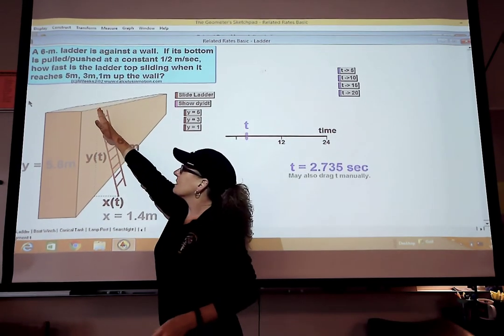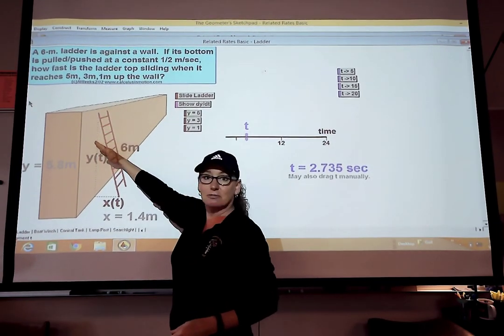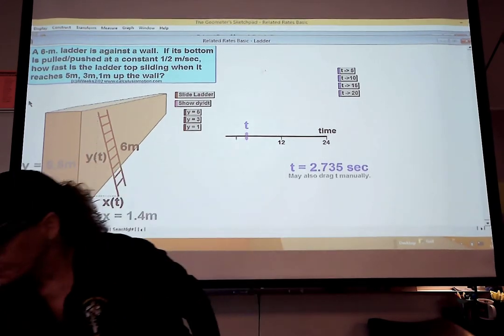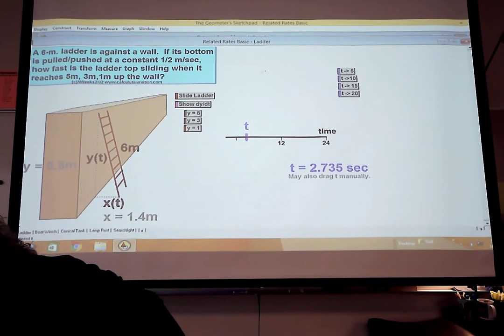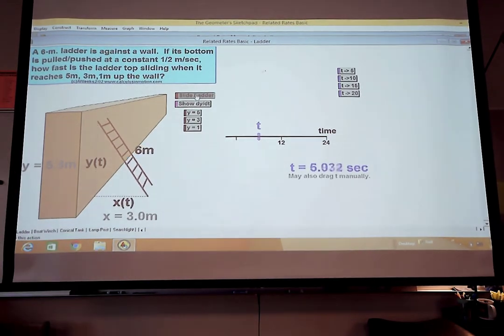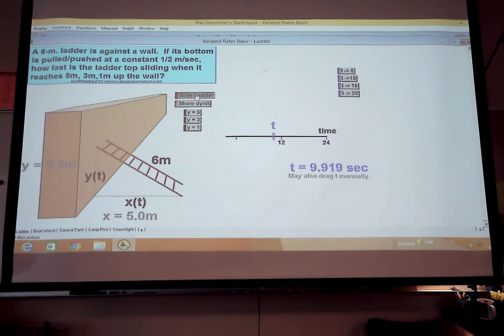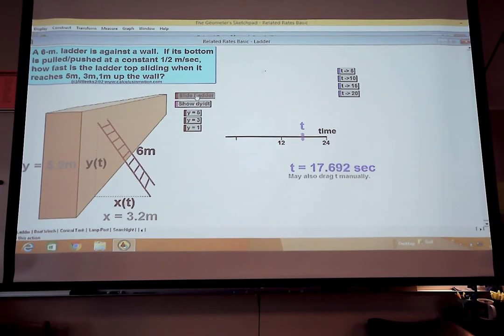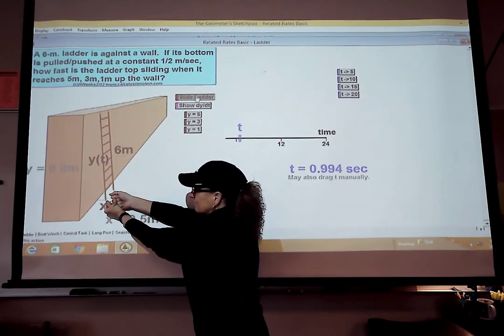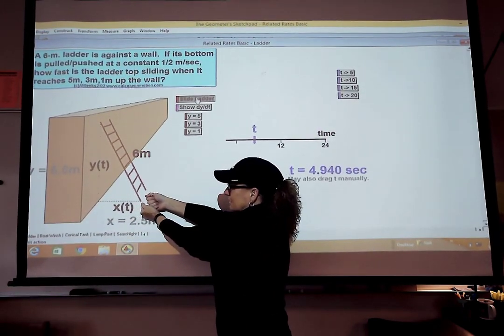What's going to happen is the top of the ladder is going to start falling down the wall. Watch it. See what happened? Watch it again. Pull out at a consistent rate, consistent, consistent.